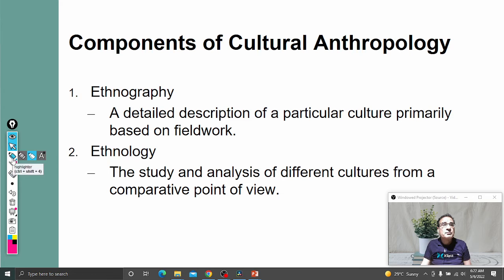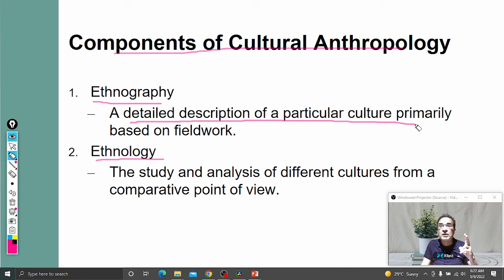Now, I would like to share the components of cultural anthropology, and there are two main components. One is ethnography, and the other is ethnology. Ethnography is a detailed description of a particular culture, primarily based on fieldwork. So, in ethnography, we conduct fieldwork, we live in the community to get first-hand information.